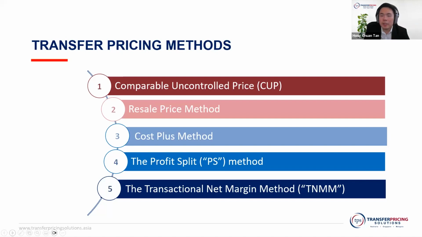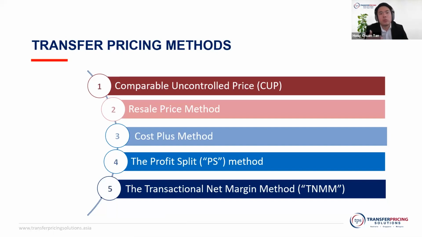Yeah, as Adria has mentioned, to add on to that, historically, previously OECD would have a hierarchy in place. We have 5 methods here, but then the traditional transactional methods were actually preferred as compared to the transactional profit methods, right?